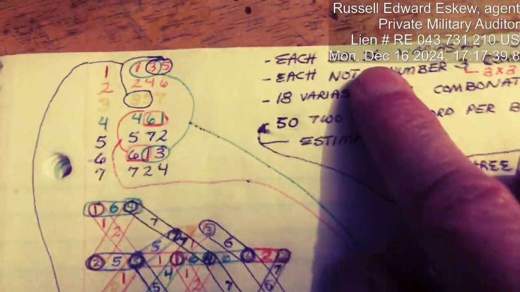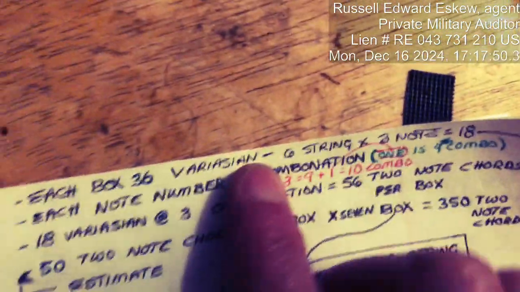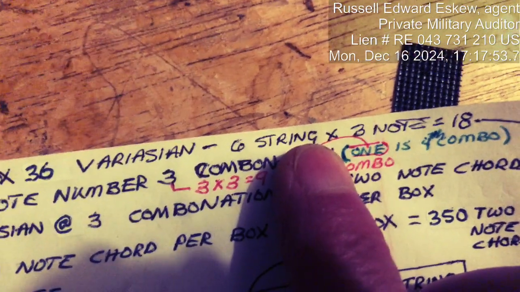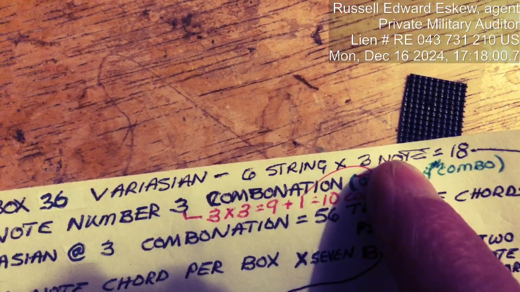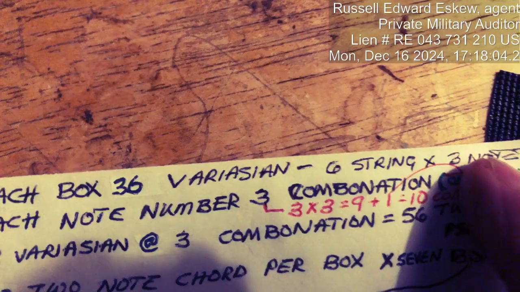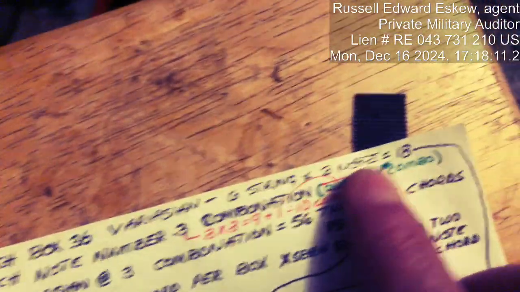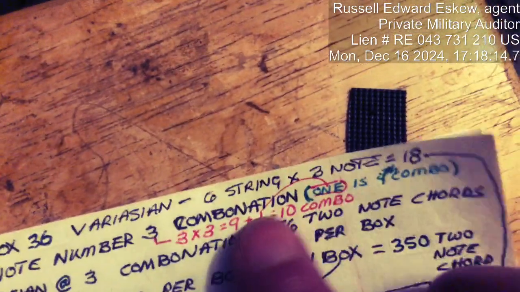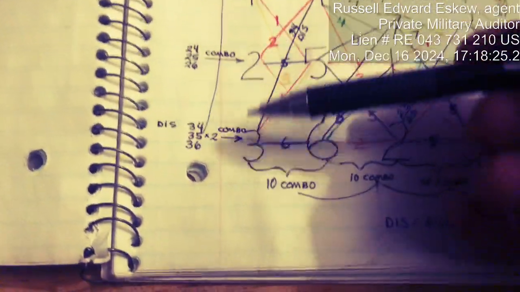So getting back to it, each box has 36 variations. There are 6 strings and 3 notes per string, because there's 3 notes per string. 1, 2, 3.